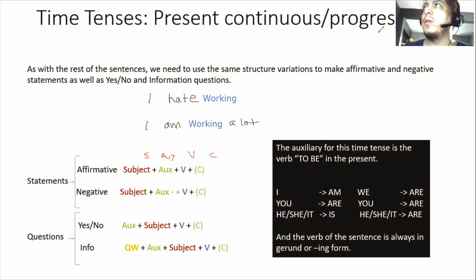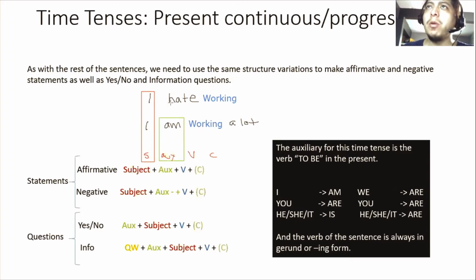So, the first part that we have is the subject. The subject is I. Then the next part must be the auxiliary. In this case, we have the auxiliary am. The auxiliary am is for the present continuous.